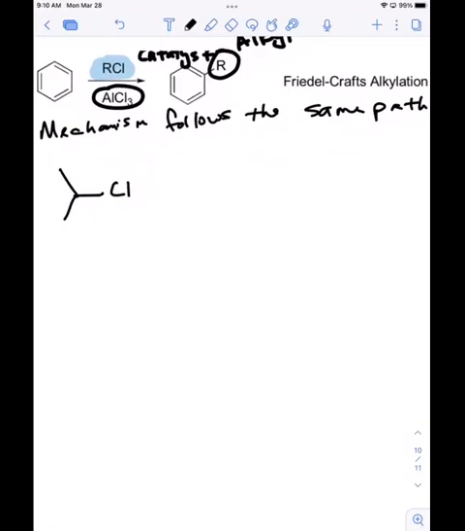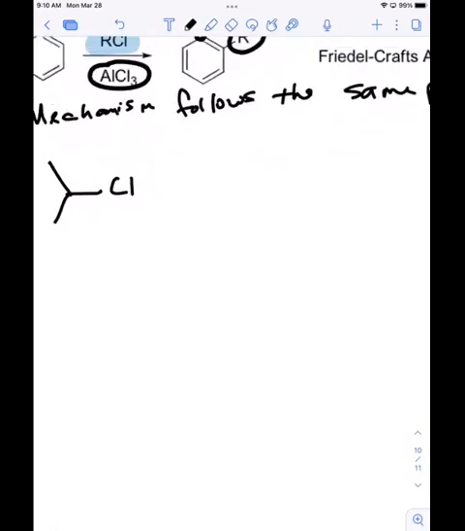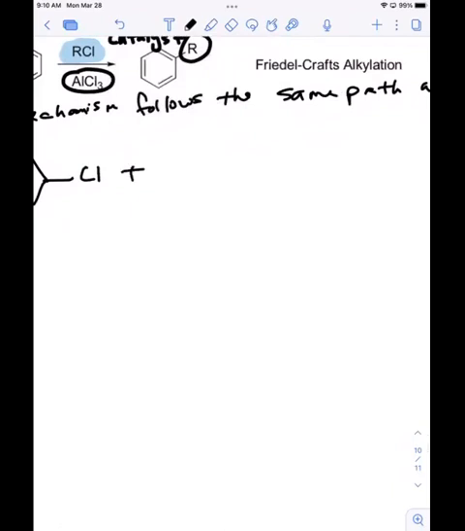I'm going to show you another example where you have a primary carbon and you have a chance to stabilize it through rearrangement or something like that. It's going to happen. So we have this plus aluminum trichloride.